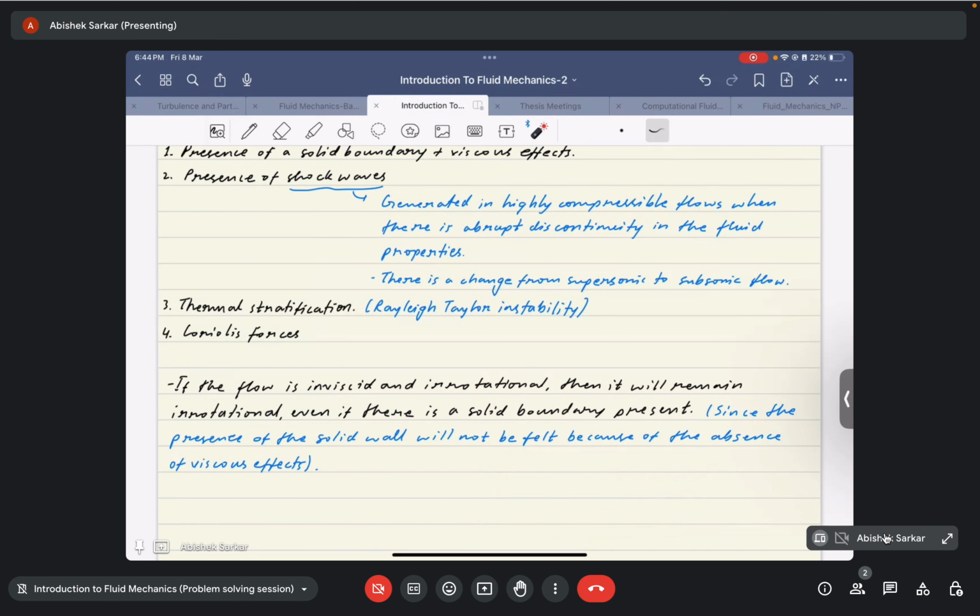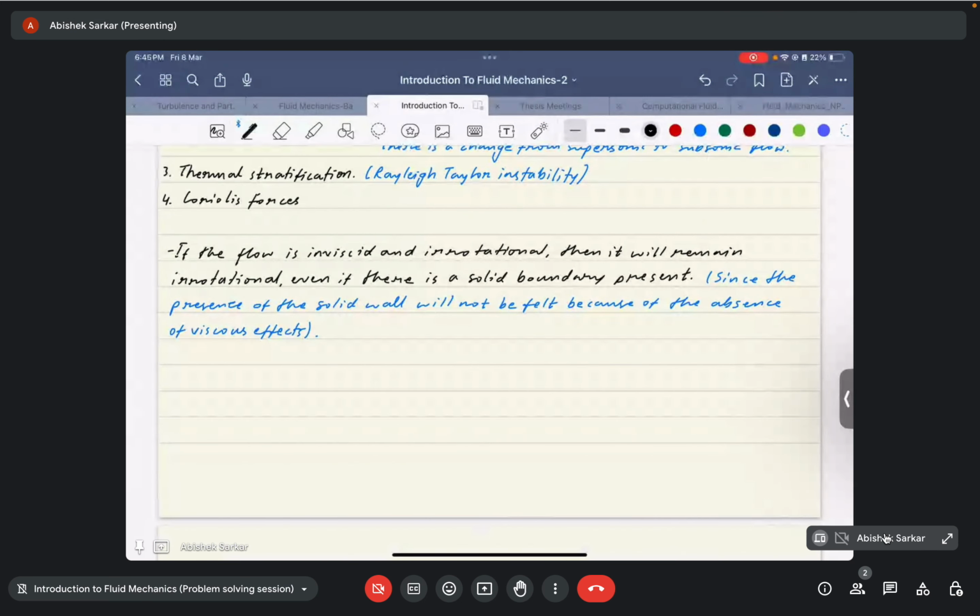Why? Because it is far away from all the boundaries, which are the generators of vorticity, so the viscous effects that turn the flow from irrotational to rotational will not be felt in this middle region. Let me just draw it, so that would be better.